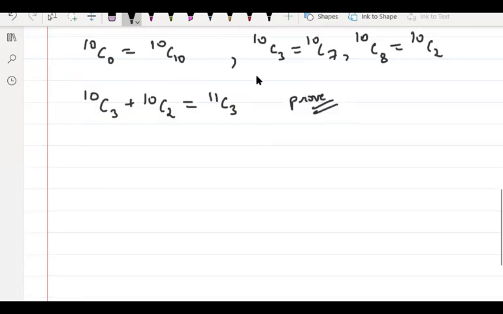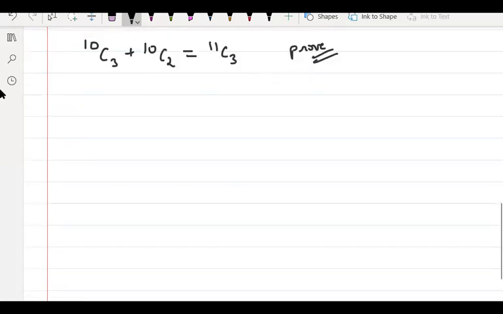So what I should do, I should start with LHS. 10C3 can be written as 10 factorial divided by (10 minus 3) factorial into 3 factorial.